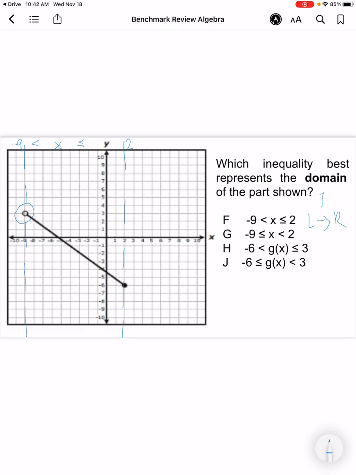So we want -9 is less than x, which is less than or equal to +2, which is answer choice F. Again, as a reminder, G of x really stands for the letter Y. So that would be range. So we don't want to pick H or J, because H and J are both dealing with range.